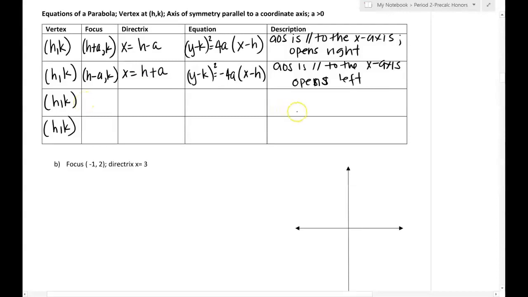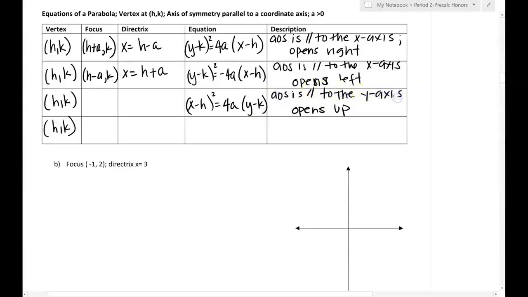Next one, we will have something that opens up, which you already know how to graph. Opens up, meaning that the x will be squared. So x minus h quantity squared equals 4 times a, so that's positive. That's why it opens up, times the quantity of y minus k. Now the axis of symmetry is parallel to the y-axis.